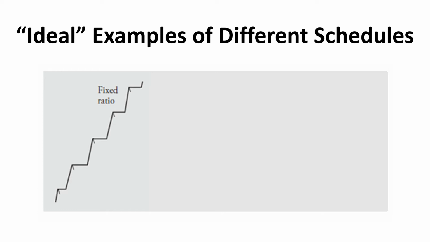So if we started with an FR10 and then we switched to an FR20, where at the beginning the rat had to press the lever 10 times to receive reinforcement, but afterwards they have to press that lever 20 times to receive reinforcement, then we might expect to see ratio strain, which is a disruption of responding.